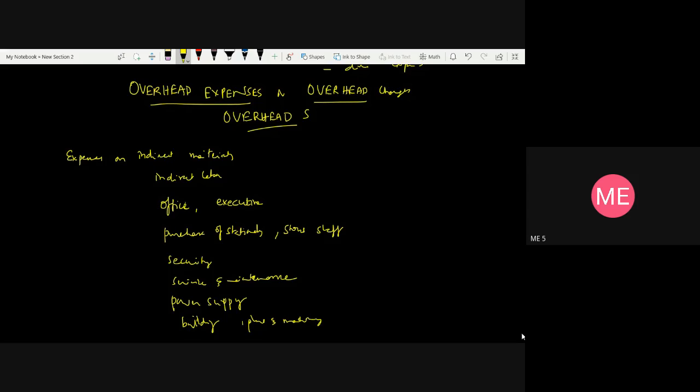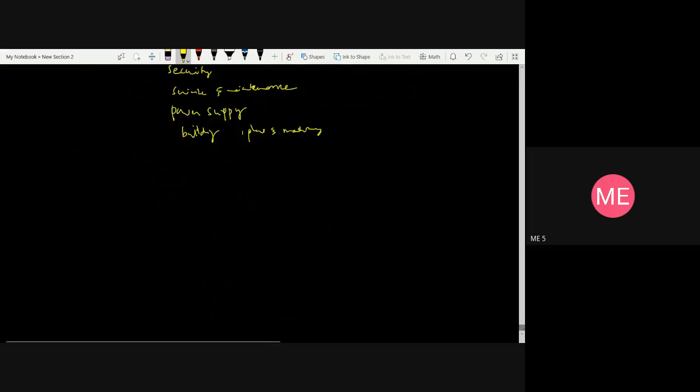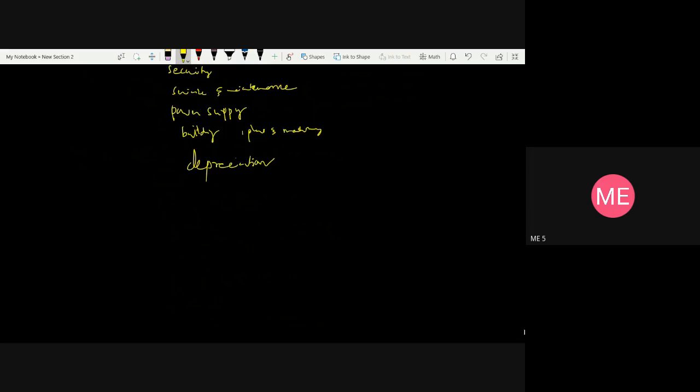So building rent, plant and machinery rents, all this will be expenditure. And also the depreciation amount. Depreciation also comes into the indirect expenses, or overheads.